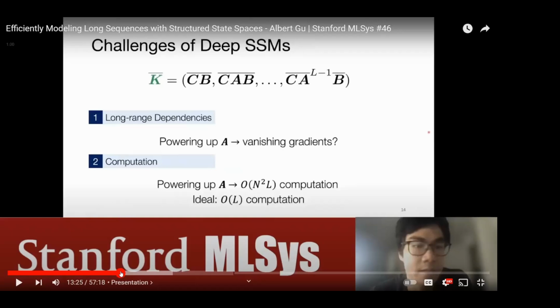So it is just A, B, and C, and A is derived using those formulas, which they then further enhance from Hippo to S4. Okay, that helps. Thank you.